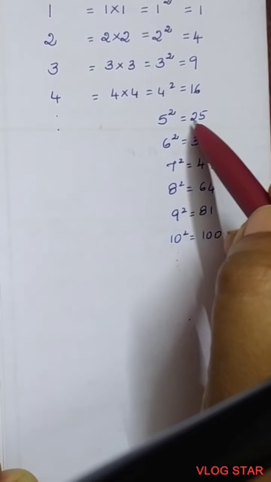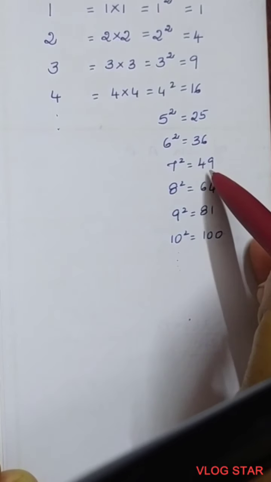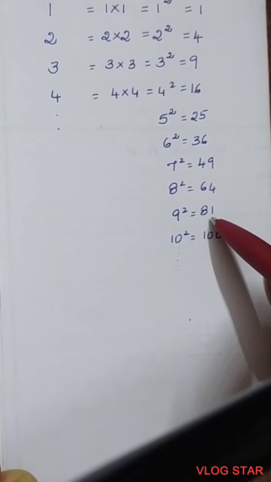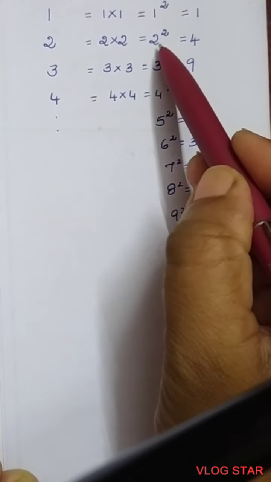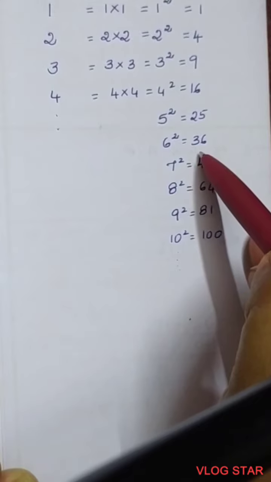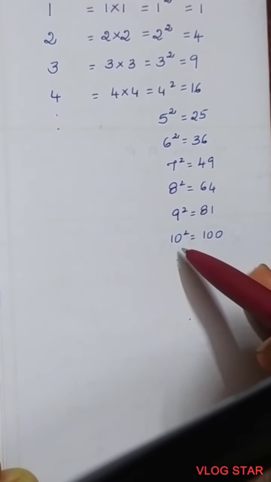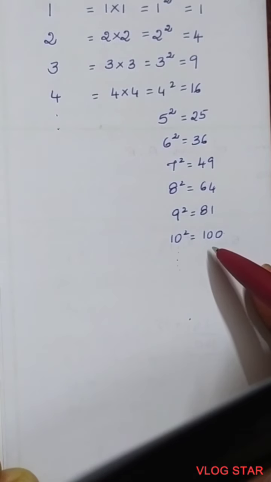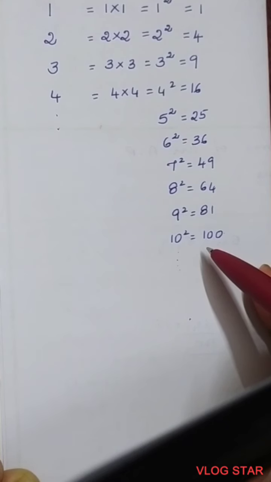Like that, 5 square odd number, 7 square odd number, 9 square odd number. So the square of an odd number is always odd, and the square of an even number, 2 square 4, 4 square 16, 6 square 36, 8 square 64, 10 square 100. So the square of an even number is always even only.